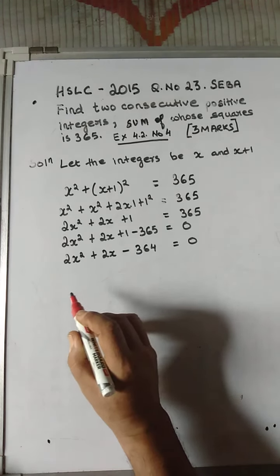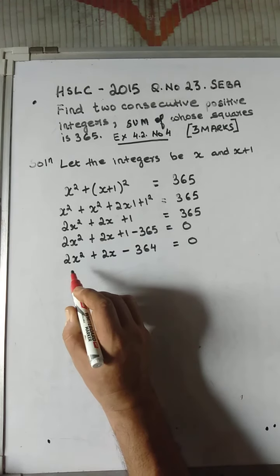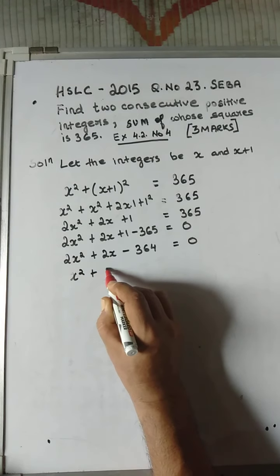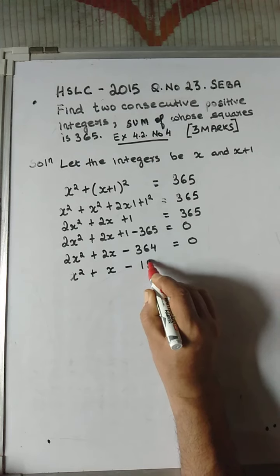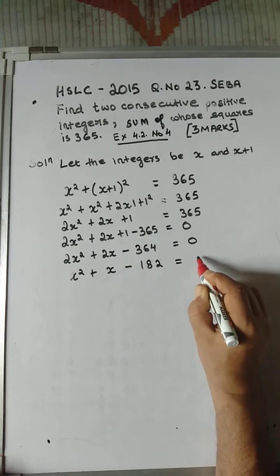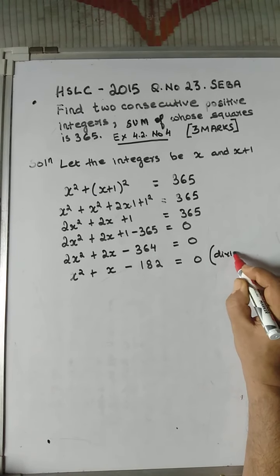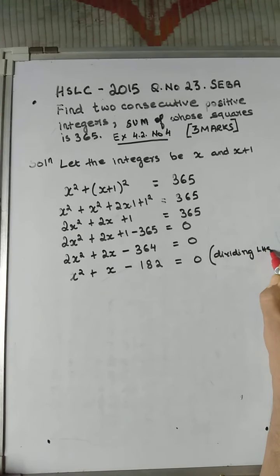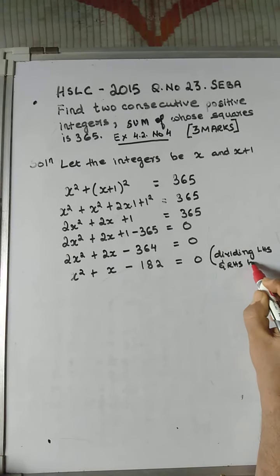So we will divide the whole equation by 2. You write here x squared plus x minus 182 is equal to 0, dividing the left hand side and right hand side by 2.